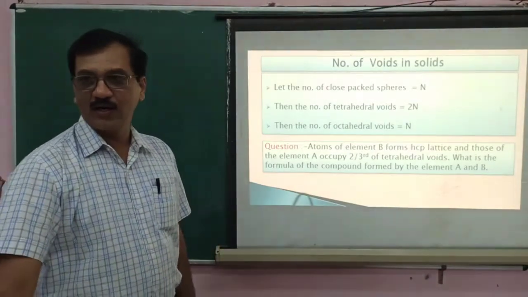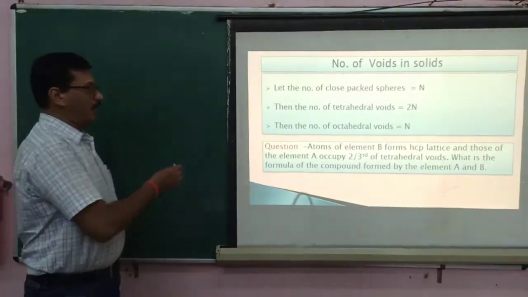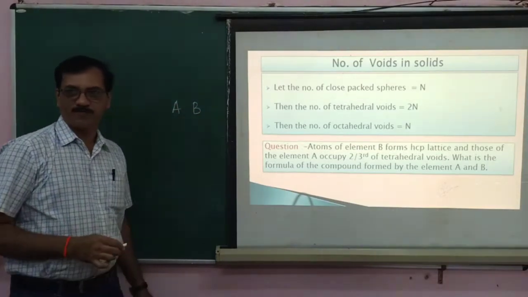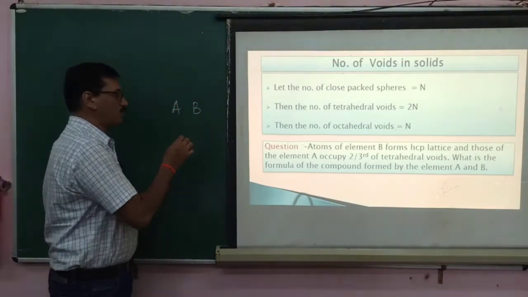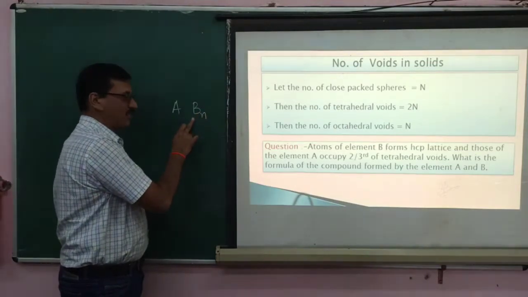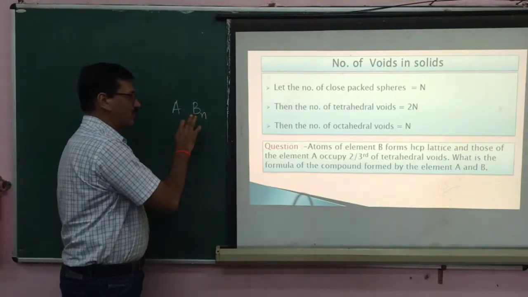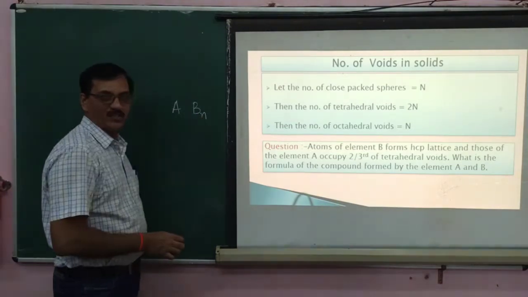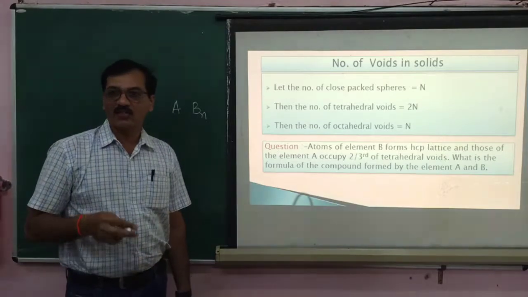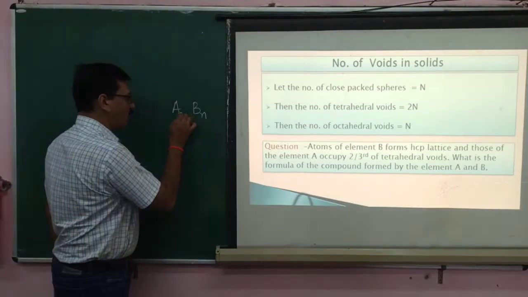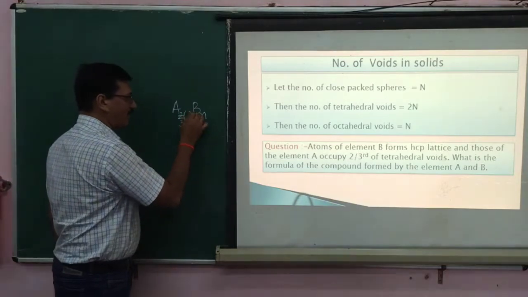So A and B are the 2 elements it is made of. Now B forms HCP, hexagonal close packed structure. Let there be n atoms, so B is n. Then A occupies 2/3 of the tetrahedral voids.